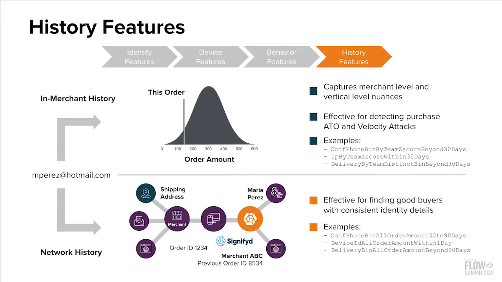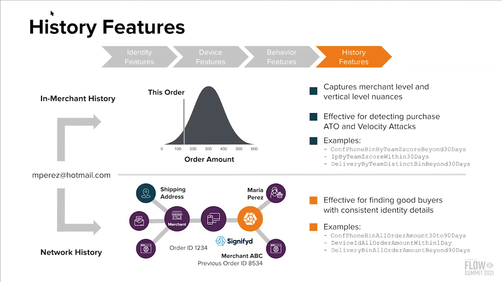Or is there a velocity attack? Is this person making a lot of transactions? At a user level, is this an anomaly? At the merchant level, is that an anomaly? Or it could be an anomaly at the level of the vertical. And you can see some examples here by confirmation phone, by IP, by delivery address.